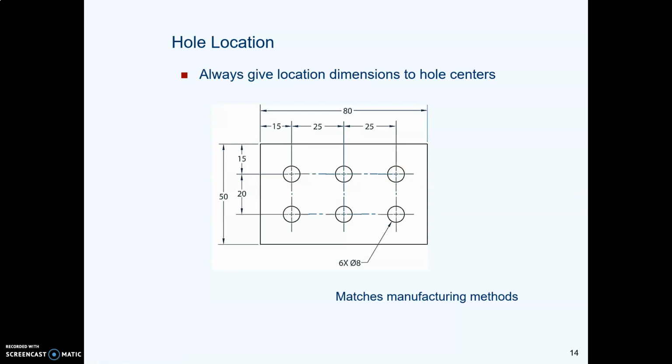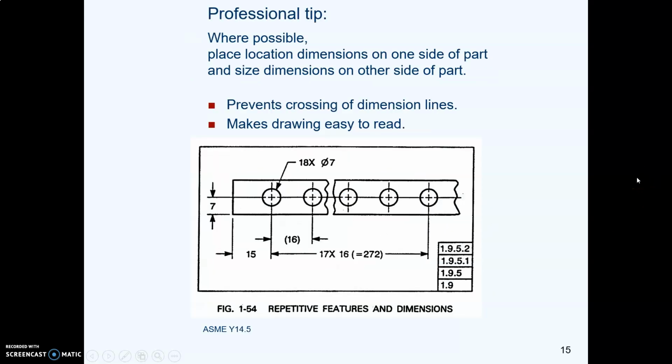It matches what the manufacturing staff will be doing. They will be either getting a drill, and maybe in a drill press, or a boring mill, or they will be getting a punch and locating the center of the punch or the center of the drill where you've dimensioned the center of the hole.